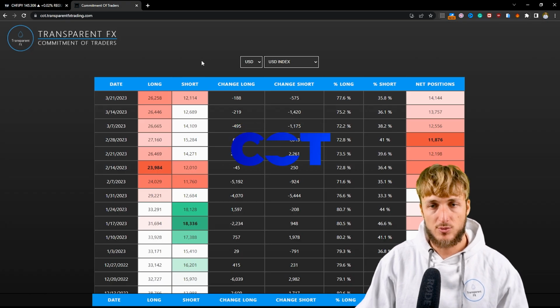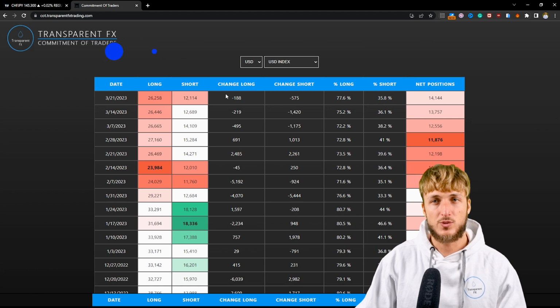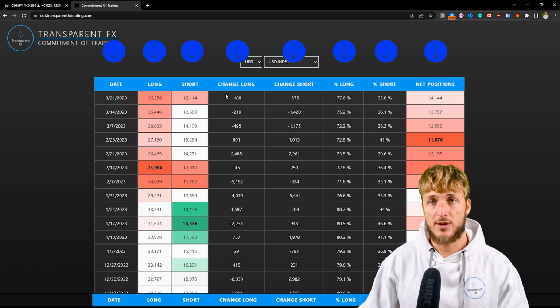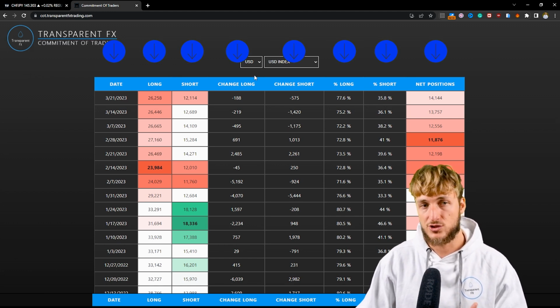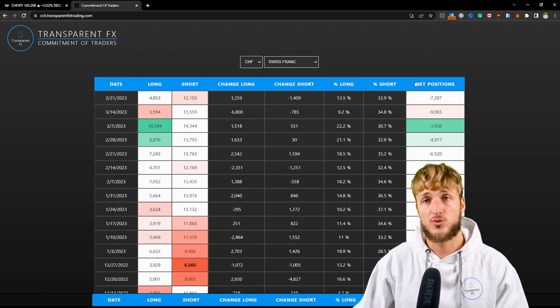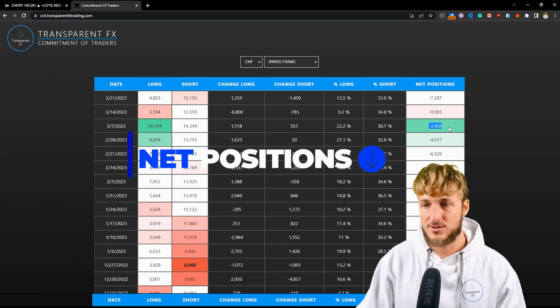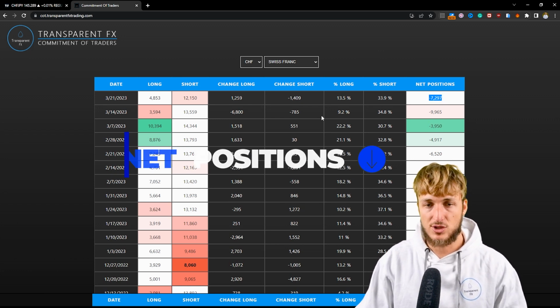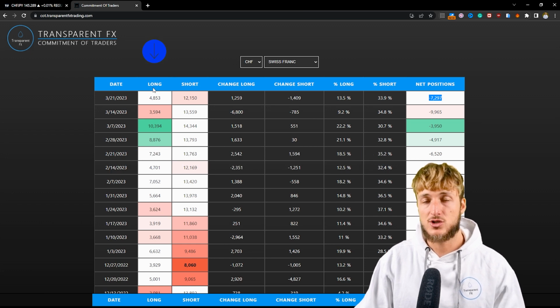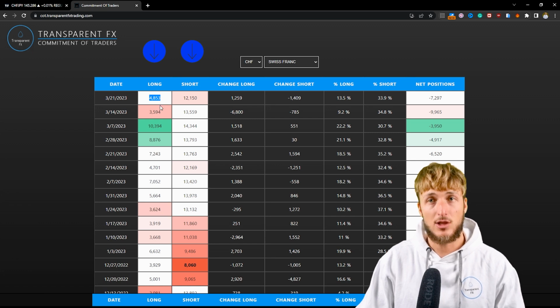Now, if we go and see what we have when it comes to the commitment of traders, so the COT data, which is what the non-commercials, so the biggest speculators in the market are doing, which are essentially hedge funds, and we check the data for the CHF, we can see how with the last reports, the net positions have been decreasing. We went from minus 3k to minus 7k net positions, where we can see that longs got massively closed. We went from 10k all the way down to 4.8k longs on the CHF from an institutional perspective.